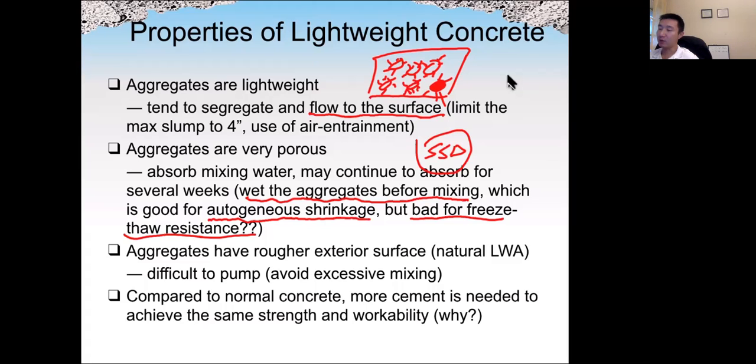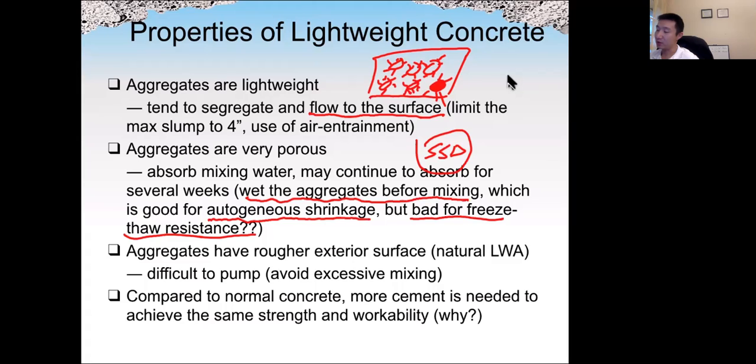Finally, the failure mode. The failure will occur through the aggregate rather than around the aggregate. This can also be explained using the weakest link series. We know for normal concrete, the weakest link is the ITZ or the paste.